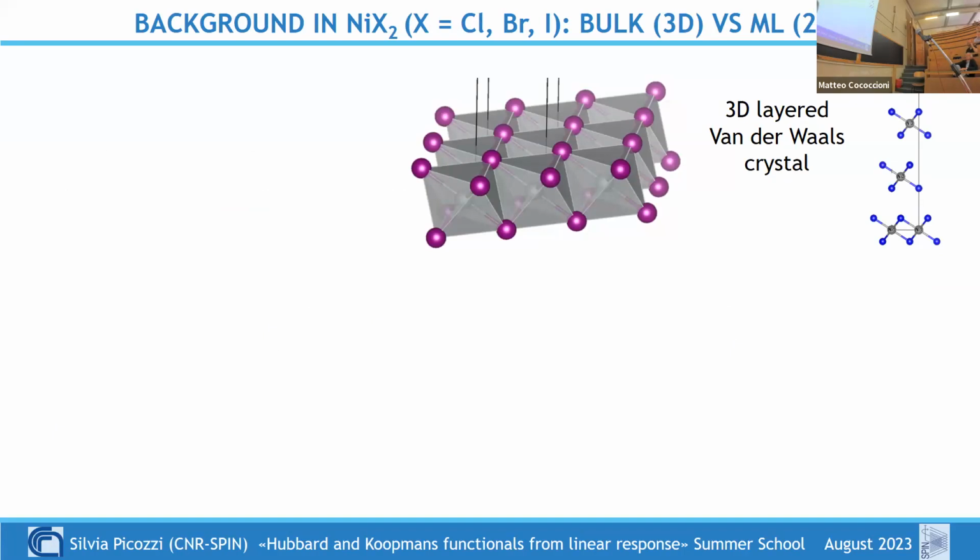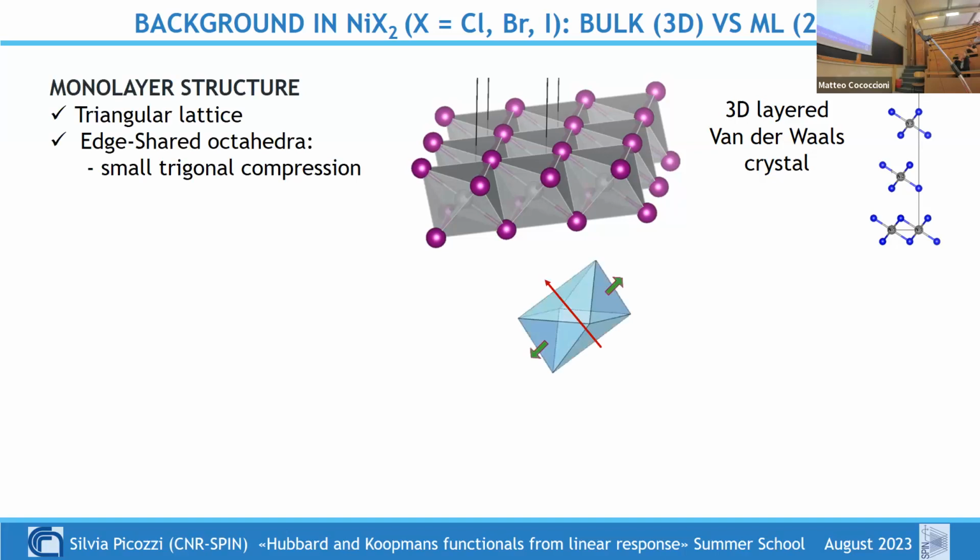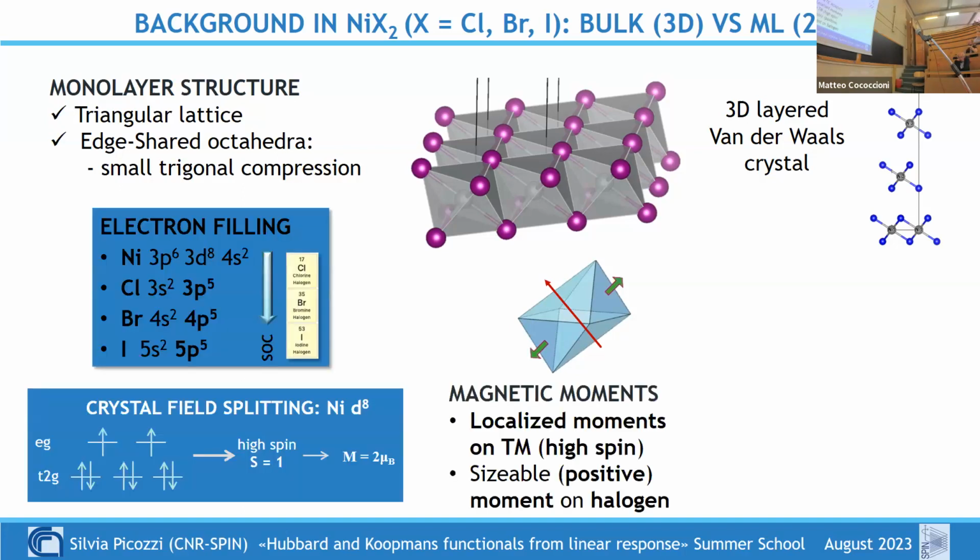Okay, so let me focus on this class of material, nickel halides. So I take basically a monolayer of nickel chloride, bromide, and iodide. Nickel is at the center of an octahedral cage. You compress a bit your octahedron, a small trigonal compression.